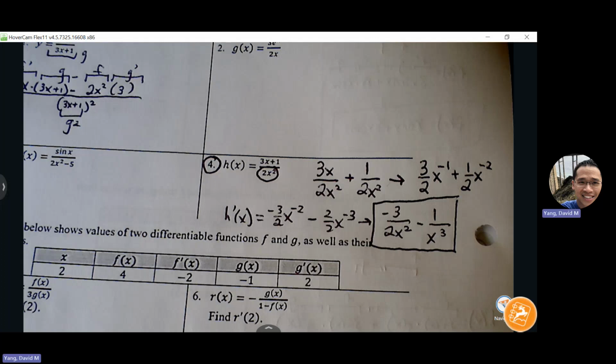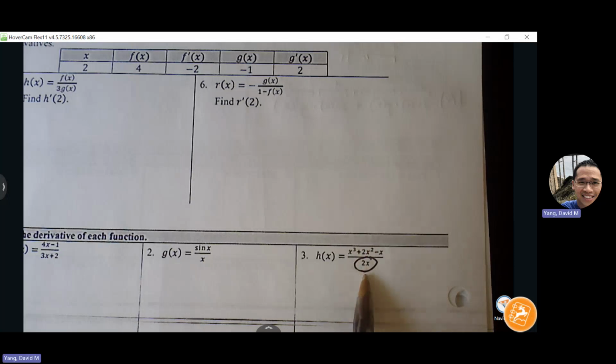Where else on the sheet can we avoid quotient rule? Yeah, if you look at number 3 there. This is a good one where, anytime you see a denominator with one term, it's always good to split up. It can save some time, especially if we can avoid quotient rule.